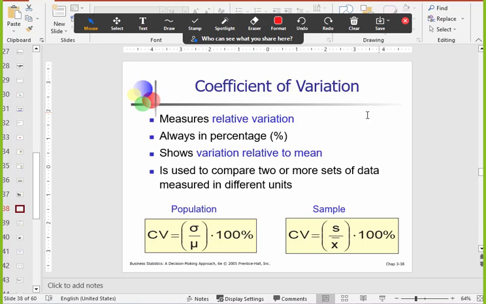Suppose you have data of share price, and you are looking to invest, and you have two indicators of the data available. You have the mean value and you have the standard deviation of the data available.